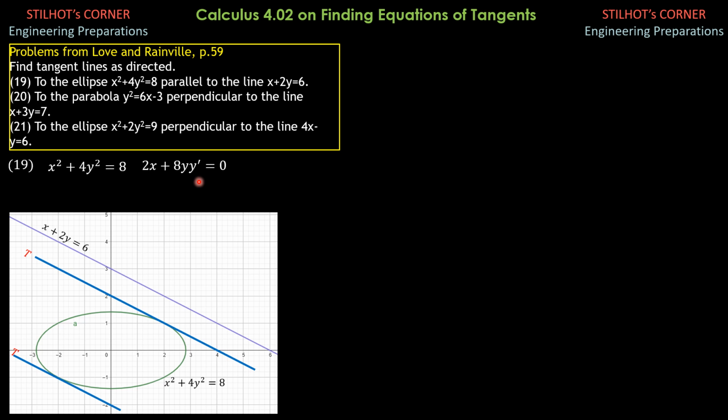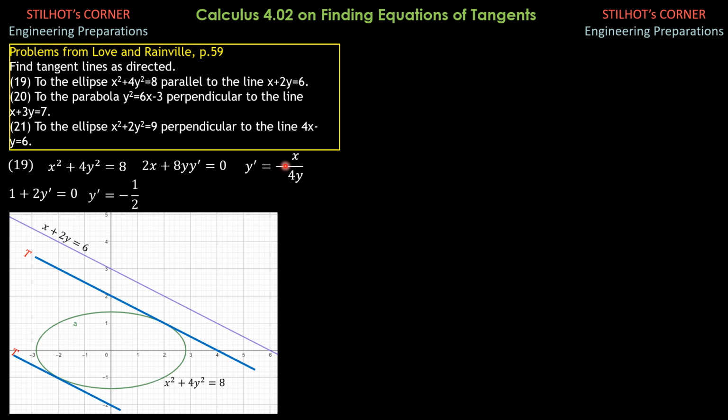Simplifying, that's x plus 4y y prime equals 0, or y prime equals negative x over 4y. The slope of the line is also the slope of the tangent because they are parallel. So 1 plus 2y prime equals 0, which means y prime equals negative 1 half.